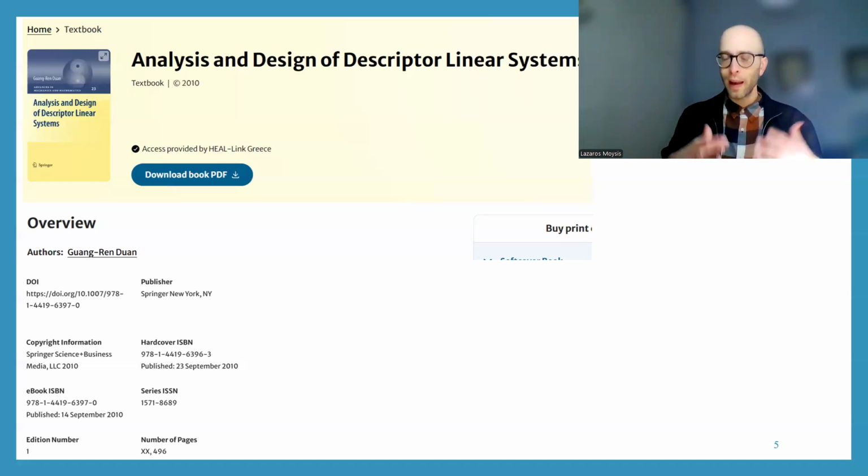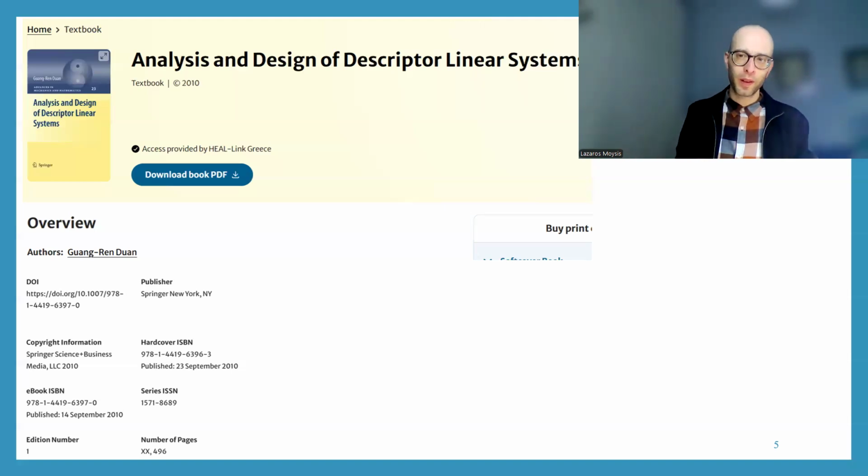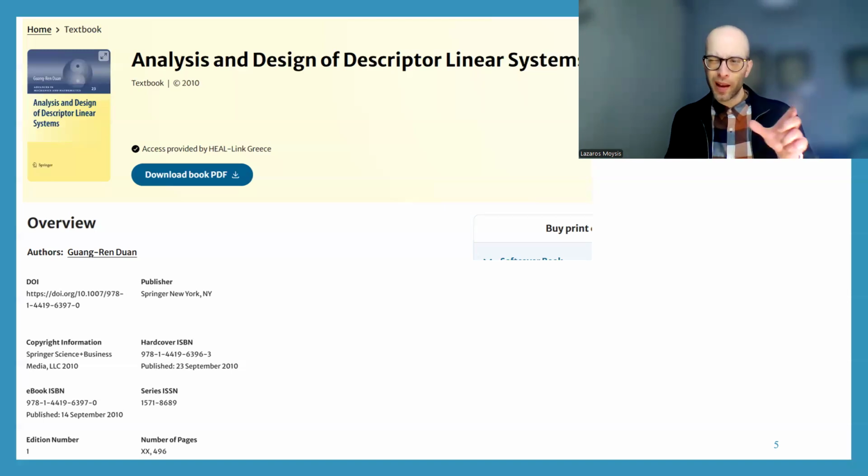So all the classic topics in research that appear for state space systems also appear for descriptor systems as well. But actually, they're much more difficult to deal with because they involve a lot more matrix operations and a lot more, I would say, stringent matrix operations.